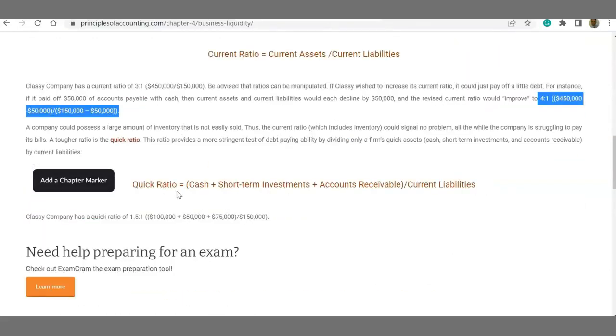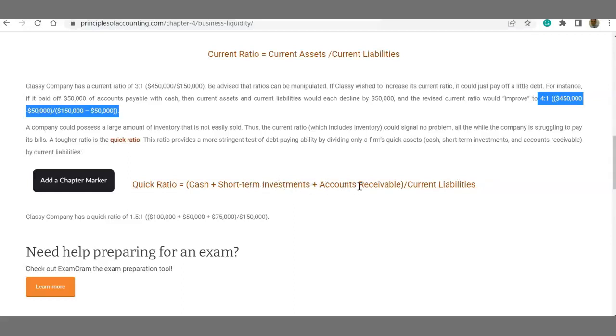Quick ratio is a little bit better than the current ratio. It's more picky. Why is it more picky? Because it takes only cash, short-term investments, which are very liquid, like 3 months or less type of investment, any investment that is not long-term, a year or less, let's say, but not long-term.